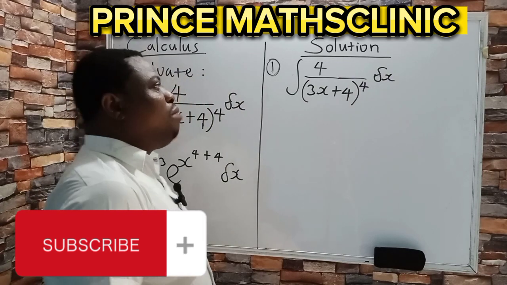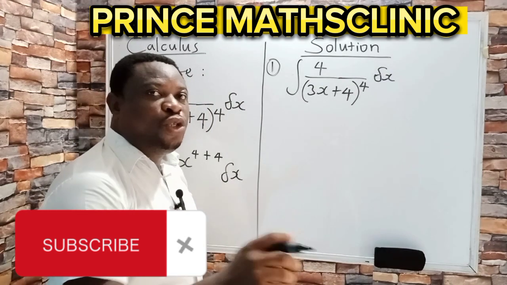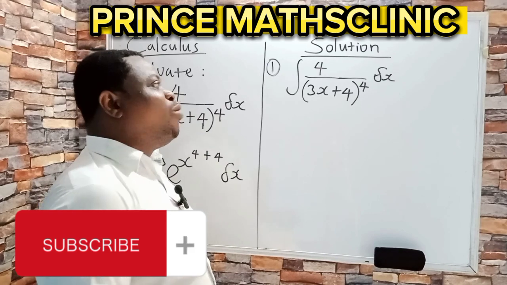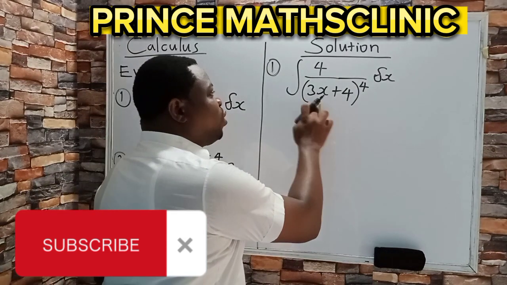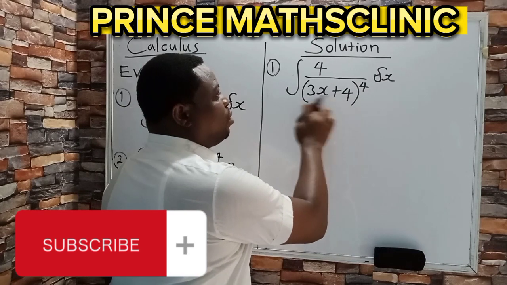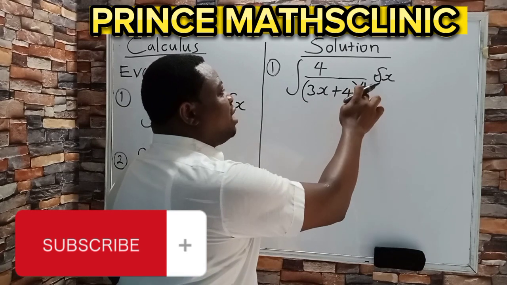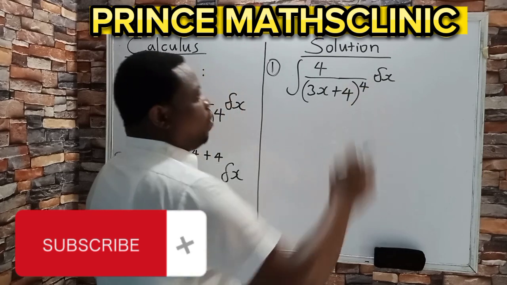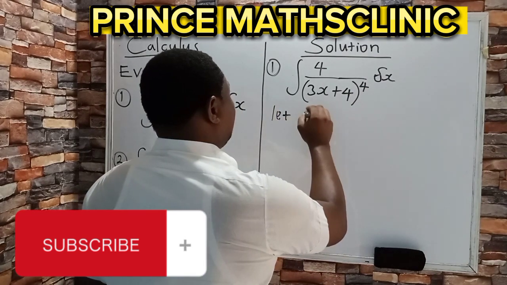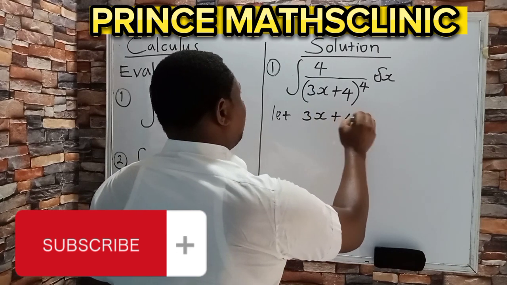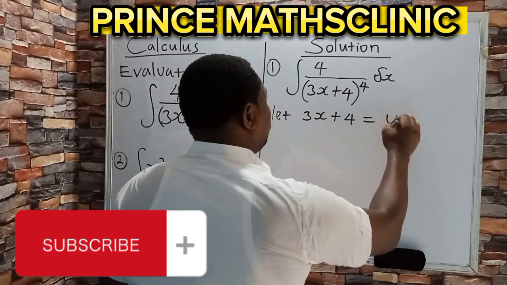Now I am going to use the method which we call the substitution method. Why substitution method? There is a function here carrying a power of 4. So I am going to say let 3x plus 4 be equal to u.